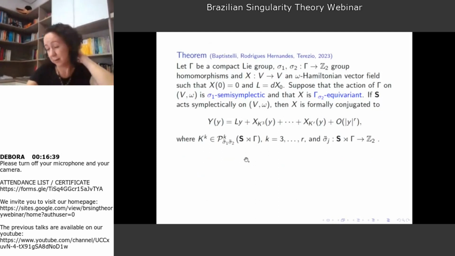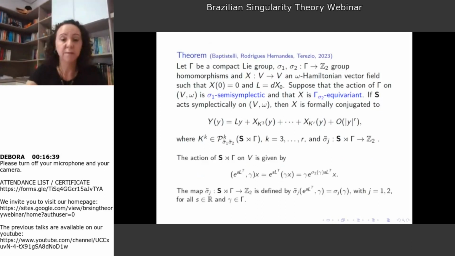Of course, there are some technical definitions here. We try to be quick. Pk means polynomial functions of degree k, and sigma 1 tilde, sigma 2 tilde is a new homomorphism, where the symmetries involved in the normal form are not the symmetries with respect to the group gamma, but S direct sum gamma.